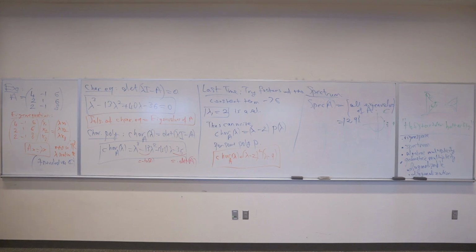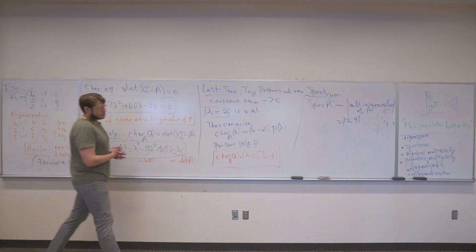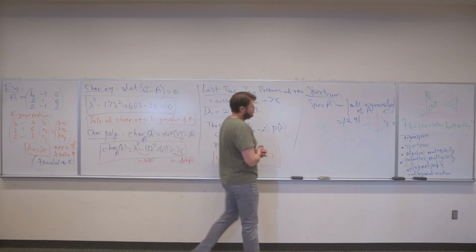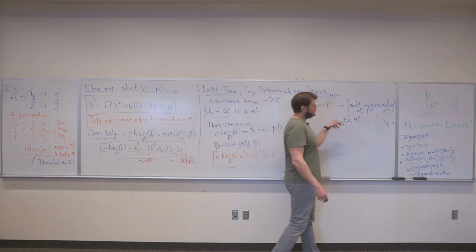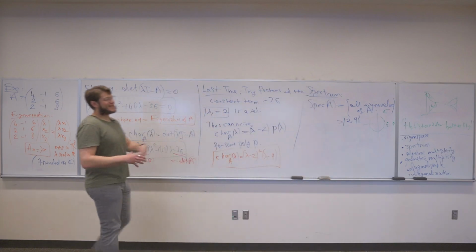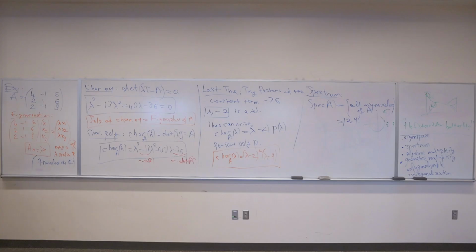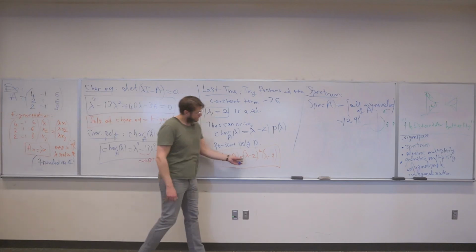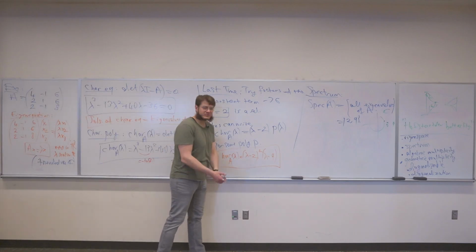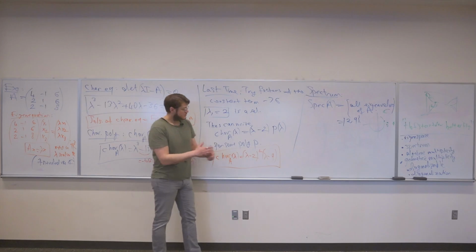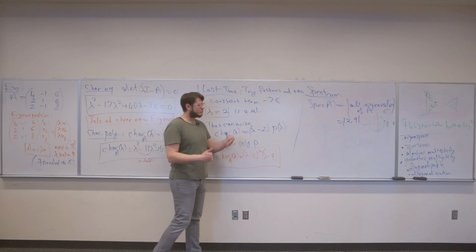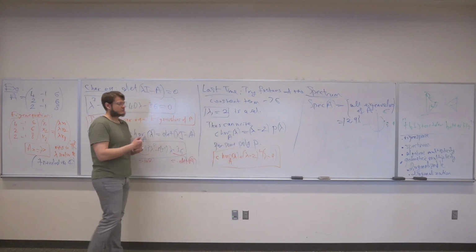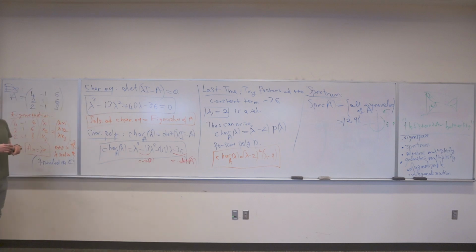Now, what else do we do? For each eigenvalue, for each element of the spectrum, we would like to come up with a linearly independent set of eigenvectors. Even before that, I should define this. It's a conundrum when you have this repetition. Do you say one eigenvalue or two eigenvalues or three eigenvalues? That's a confusing matter.